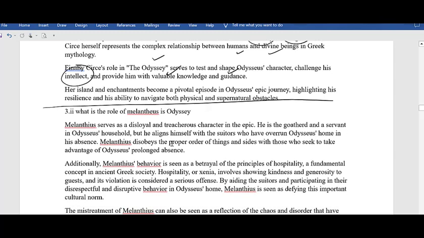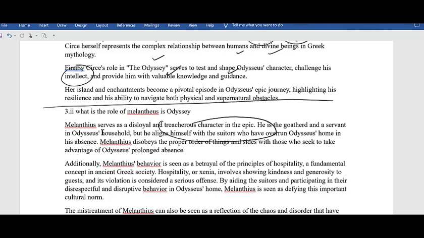Now the next question is also about the Odyssey. The next question is about the role of Melanthius in the Odyssey. Now if you remember, Melanthius is the disloyal, the treacherous character in the Odyssey. He is the servant who betrays Odysseus's household. He aligns himself with the suitors, and he also mistreats Odysseus.